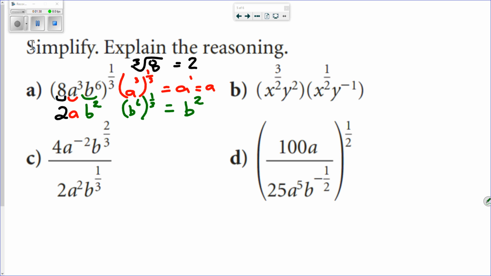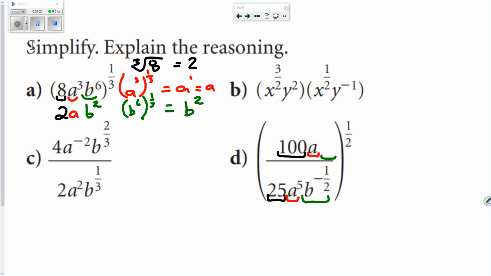Now let's take a look at, I'll skip down to letter D here. So again, we're going to look at it in 3 parts: our coefficient, our A, and our B. You'll notice there's no B in the numerator here.